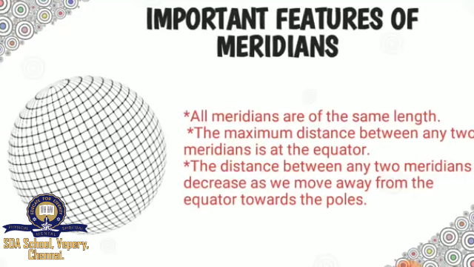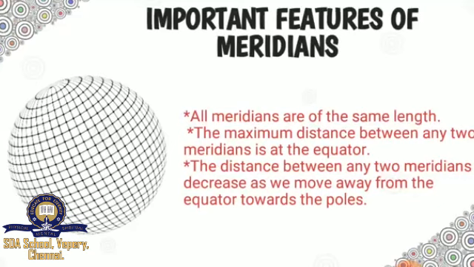Meridians are parallel at right angles, that is 90 degrees. What is the main use of meridians? Meridians are used to measure distances in east-west direction.